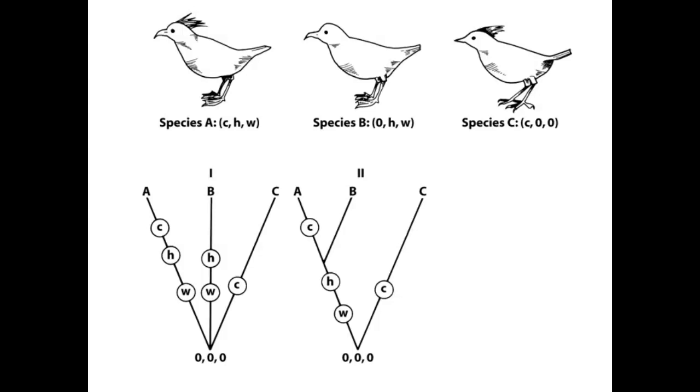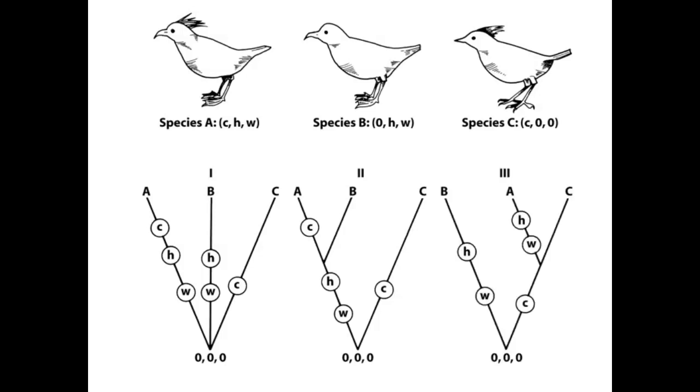Species C diverges off by itself. Species A and B diverge from each other later, so they share a later common ancestor. And in this example, we have the hooked bill and the webbed feet evolving before that split for A and B, and then the crest evolving later. Another appropriate hypothesis has all the characteristics we need.